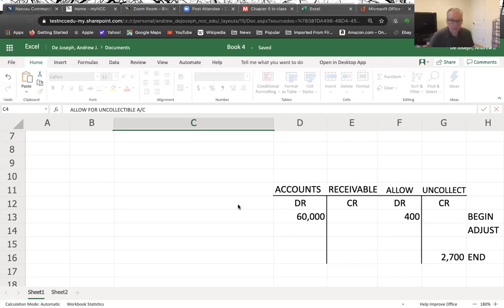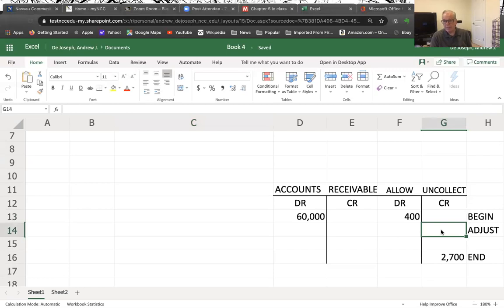Okay. So here, what does the number have to be to go from a debit of 400 to a credit of 2,700, right? I mean, add 400 plus 2,700 is 3,100.